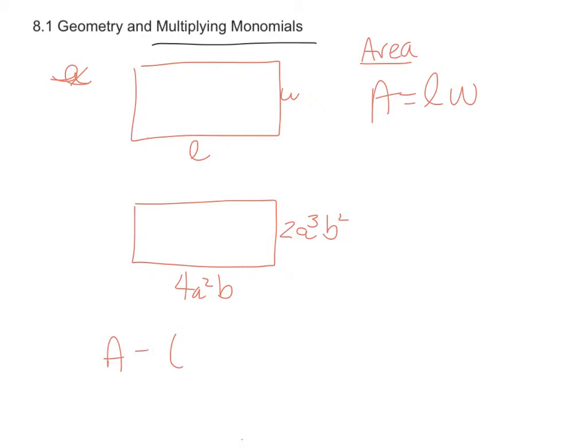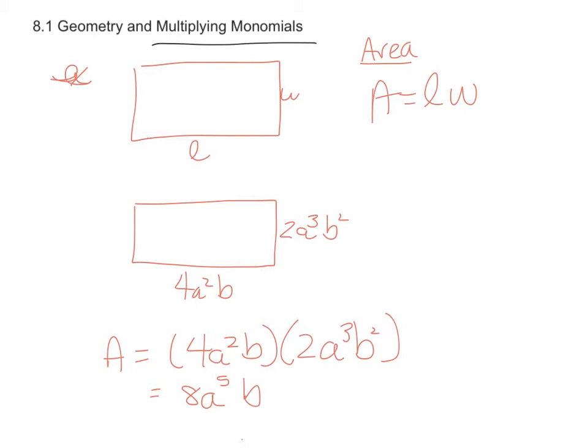The area means I'm just multiplying these two together, and I would get 8a to the fifth. Bases are the same, we add the exponents. b to the third.